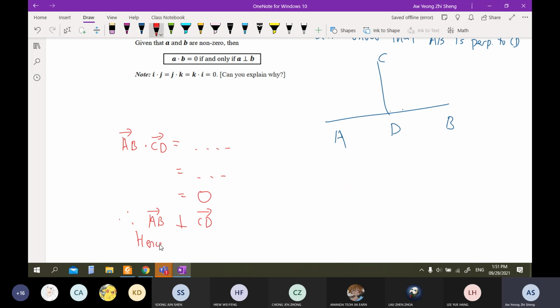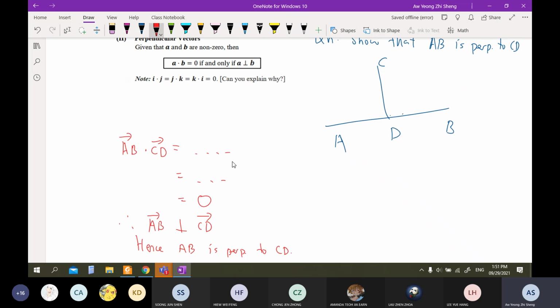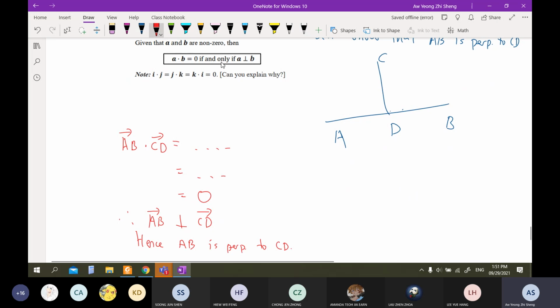Hence, the line AB is perpendicular to the line CD. Notice that the 0 should appear at the end, and the result that you wish to show should appear at the end. 0 should not appear too early. This is obtained via computation.